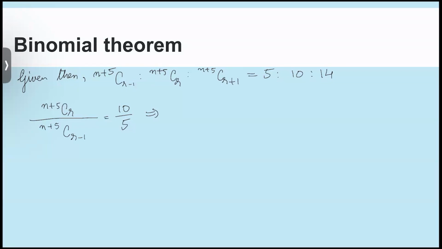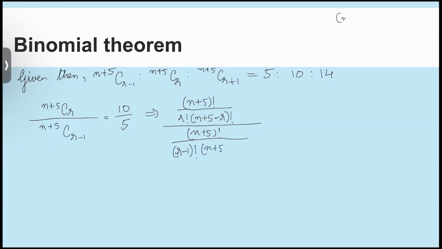So that you can then write as n plus 5 factorial upon r factorial n plus 5 minus r factorial, divided by n plus 5 factorial again, and then you have r minus 1 factorial, and n plus 5 minus r plus 1 factorial, and this will be equal to 10 by 5.